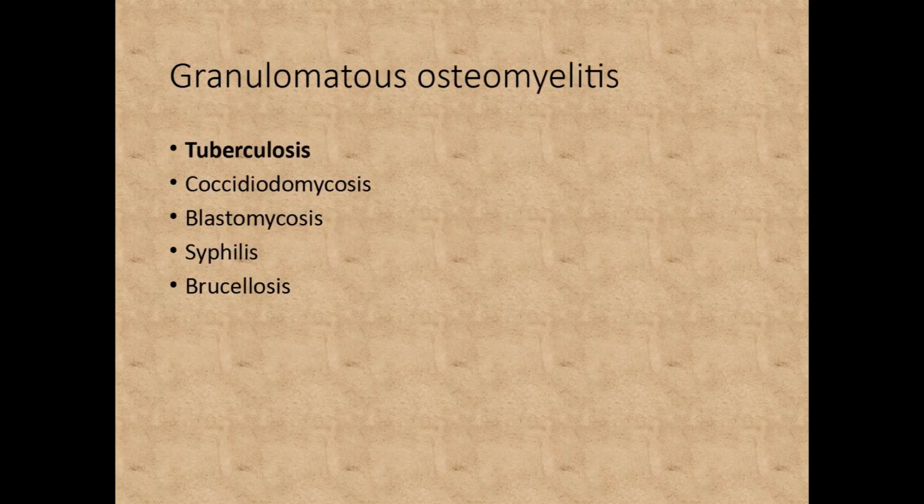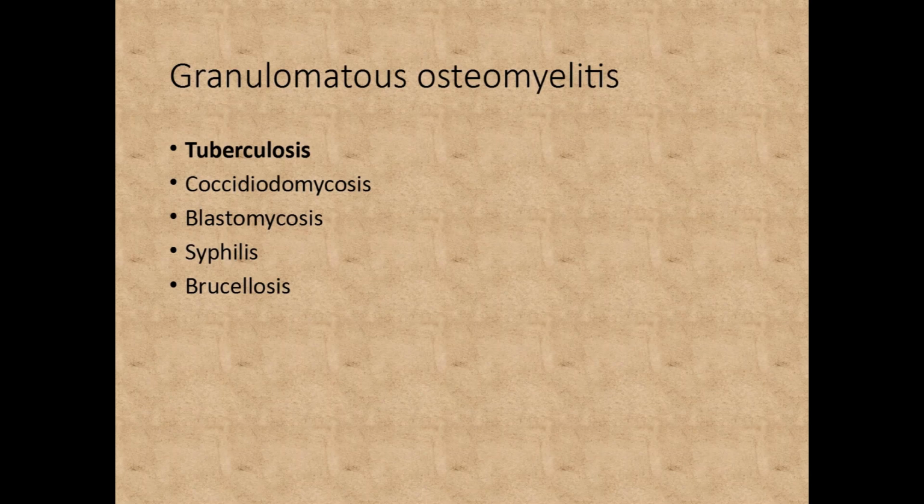Now we'll look into another topic, which is granulomatous osteomyelitis. A granuloma is a type of chronic inflammation which is composed of microscopic aggregates of epithelioid histiocytes. There can be many reasons for the development of granuloma.